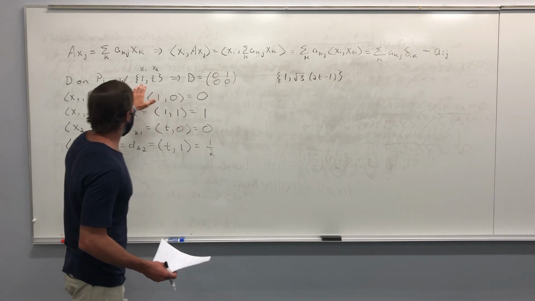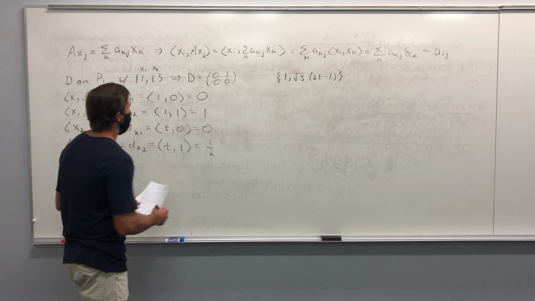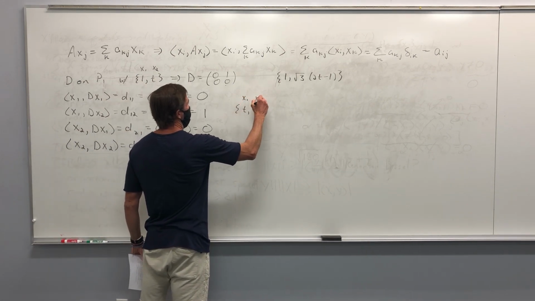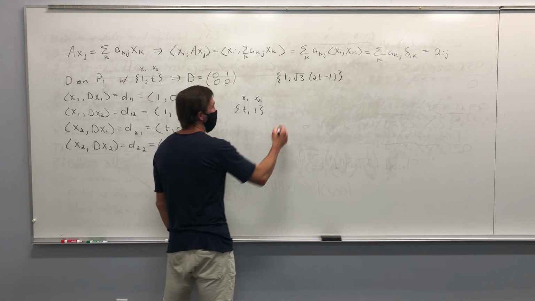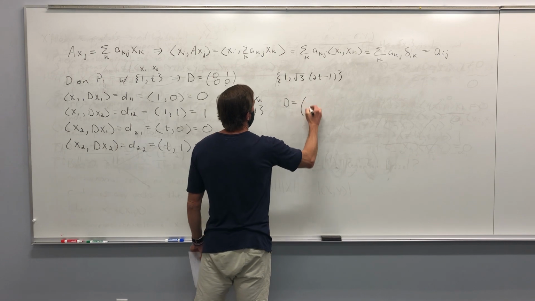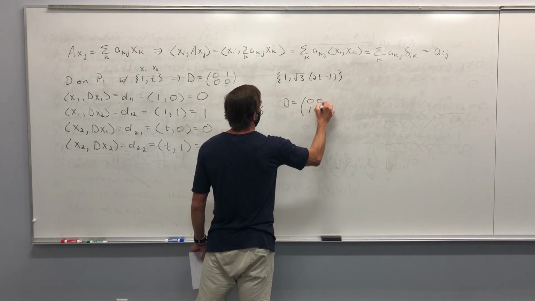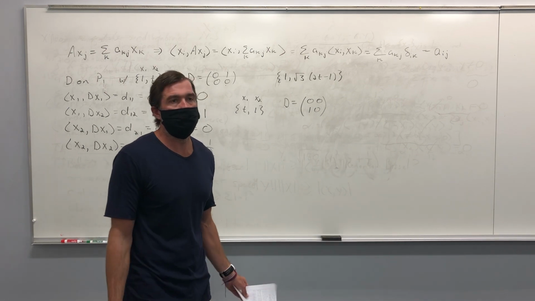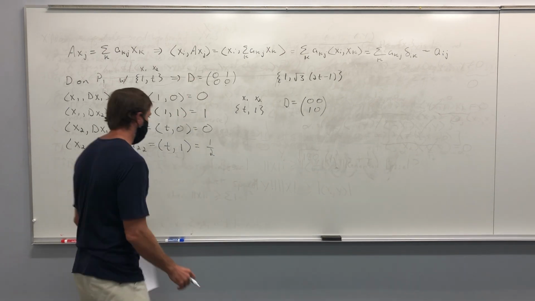You could use the basis t, 1, and that would just take D and turn it into that, because all you're doing is interchanging 1 and 2 everywhere.